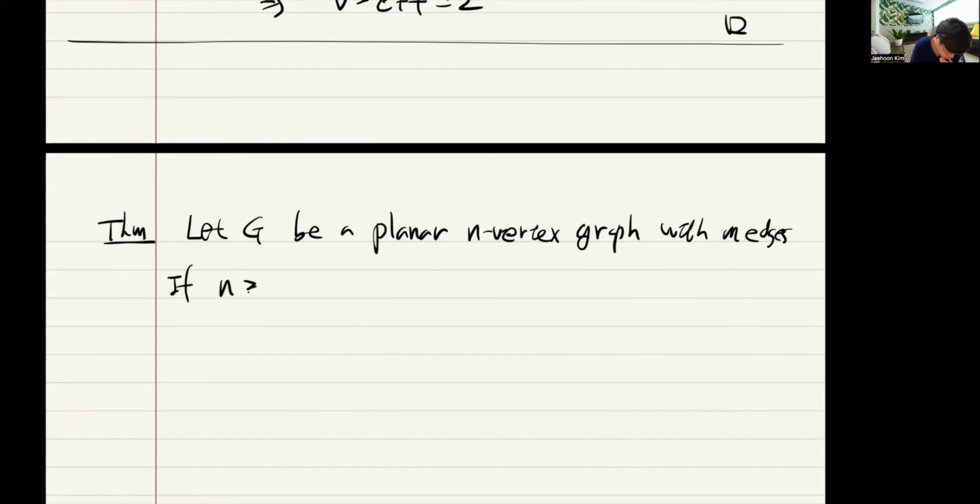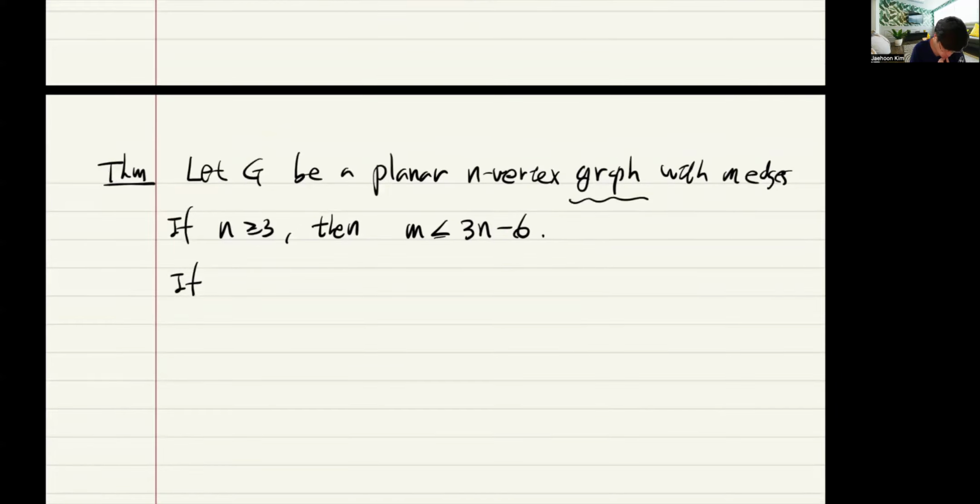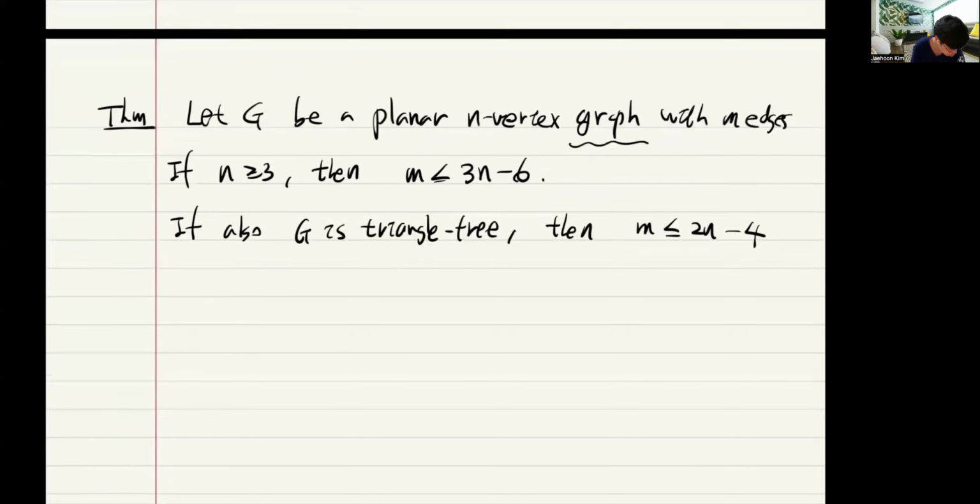If n is at least 3, then the number of edges m is at most 3n minus 6. If also G is triangle-free, then we get a better upper bound: m is at most 2n minus 4.